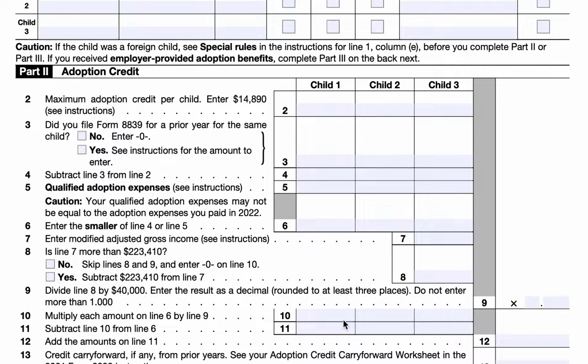Otherwise, enter on line 5 the total qualified adoption expenses as defined by the IRS that you paid either in 2021 if the adoption was not final before the end of 2022, 2021 and 2022 if the adoption became final in 2022, or 2022 if the adoption became final before 2022.